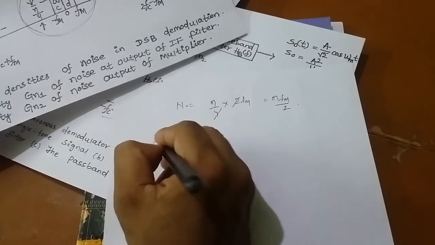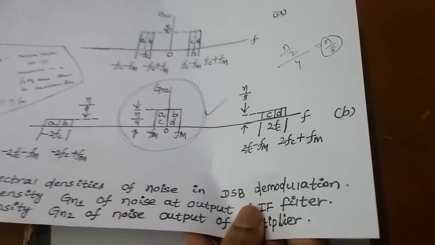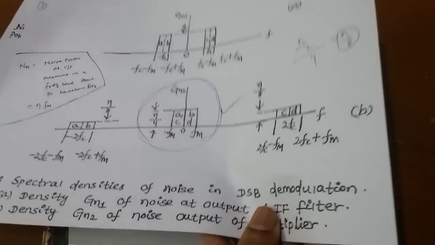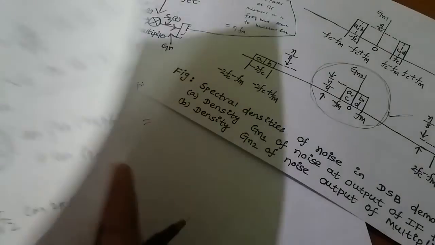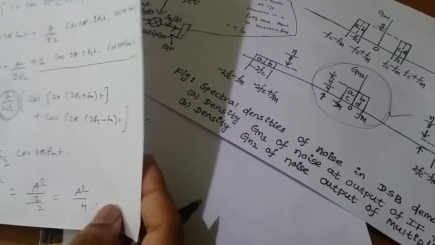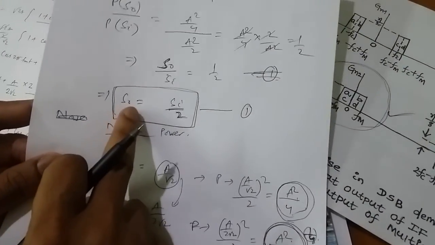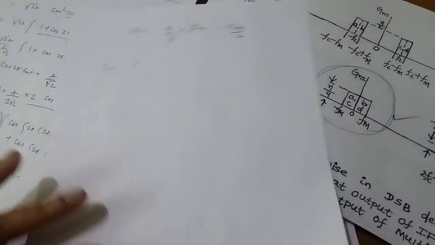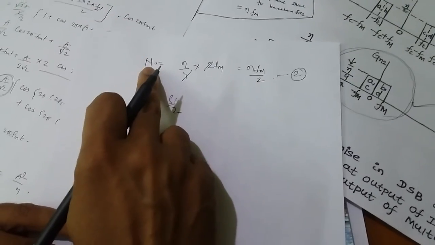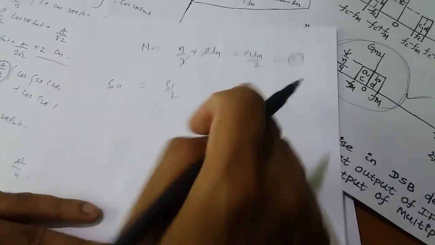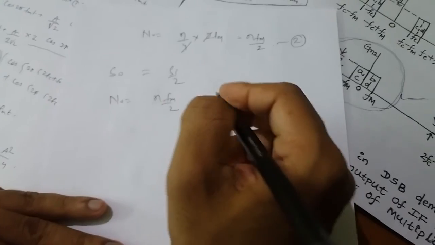Now we will calculate the signal to noise ratio. From equation 1, S0 equal to Si by 2, and from equation 2 the noise power is eta fm by 2.